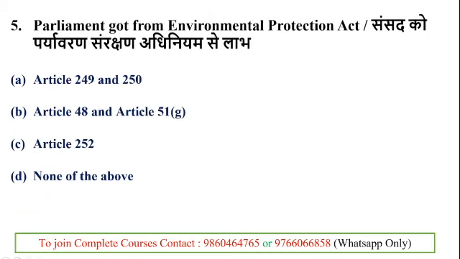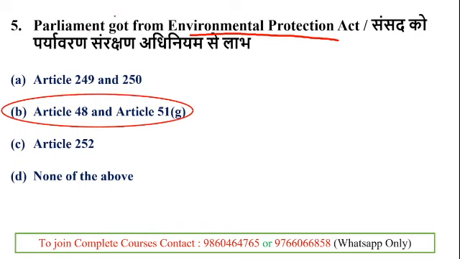Clear. And the next one: Parliament got the Environmental Protection Act from which of the following articles? And the right answer is Article 48 and Article 51A(g), which are the important articles related to environmental protection.